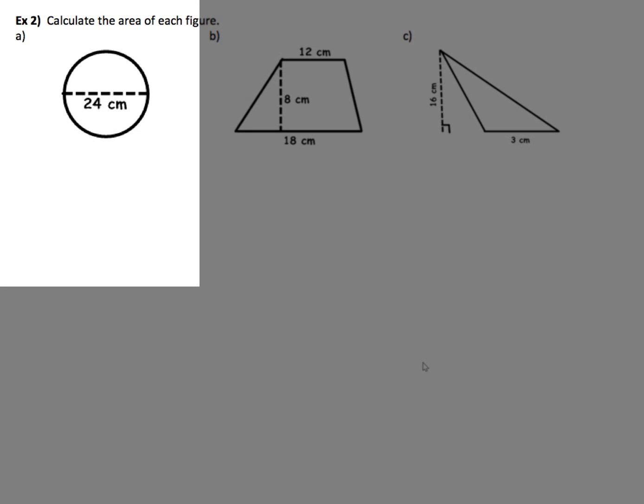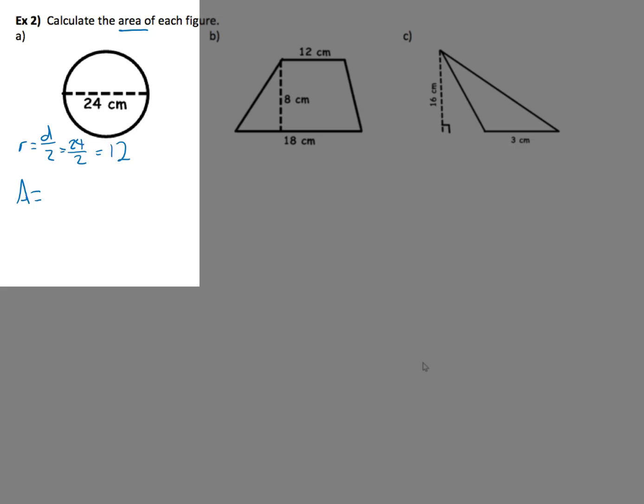First example, we're given a diameter of a circle, and we're asked to find the area of each figure. Now, to find the radius, it's actually diameter divided by 2. So 24 divided by 2, which is equal to 12. All right, good. That's the first step. Now we have r. We can use our formula. And our formula for a circle is what?